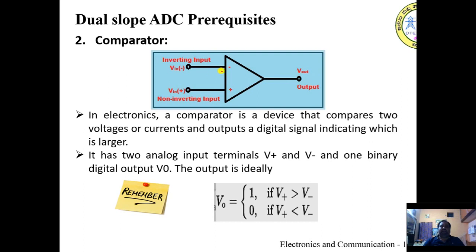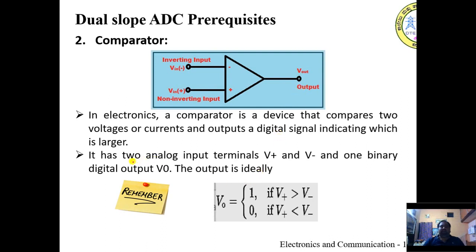As you can see, there are two terminals here, inverting and non-inverting terminals. The voltage or the current at the inverting input is subtracted from the voltage or current at the non-inverting input, and depending on the result of the comparison, it may produce a logic 1 or logic 0 as the output.